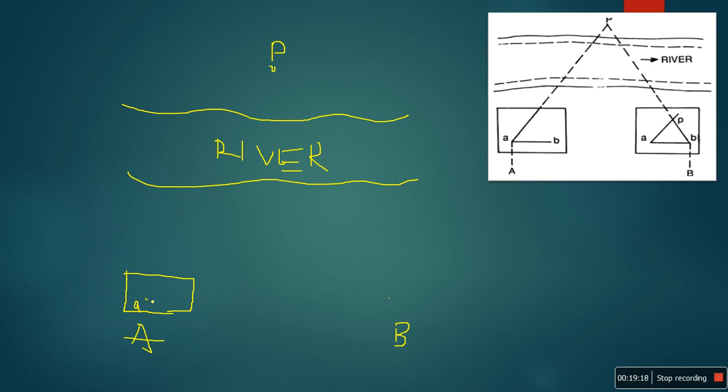Before this, you have to mark the north line on the top or left corner of the drawing sheet by using a trough compass.